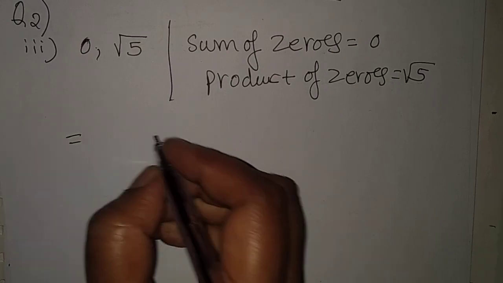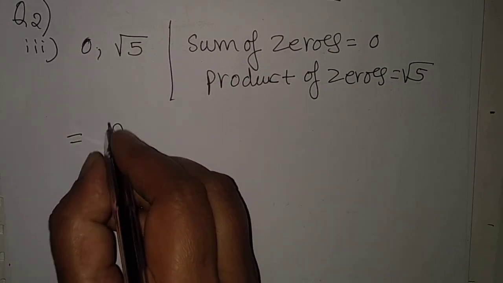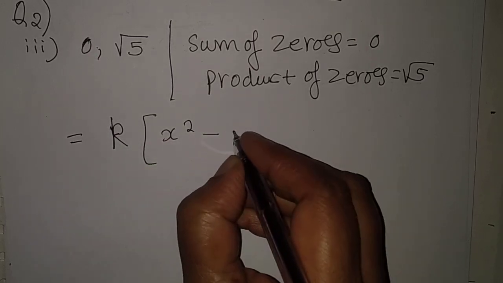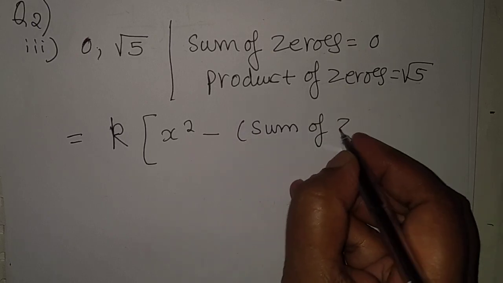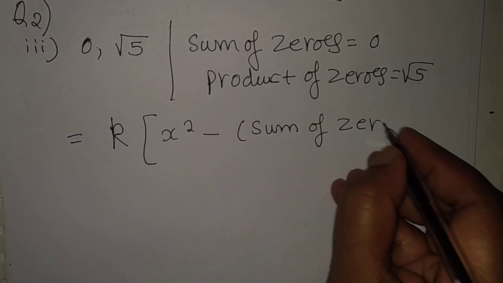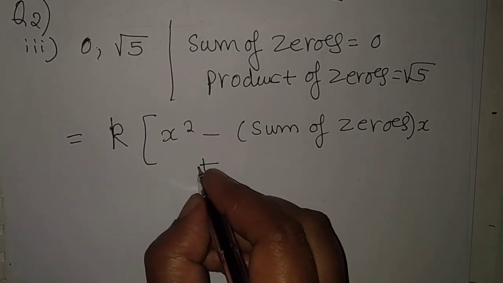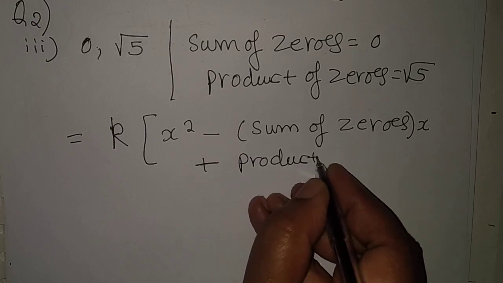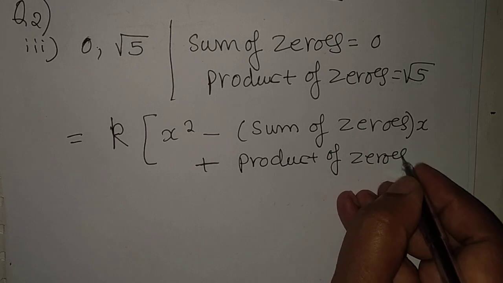Then the formula will be, substitute here: x square minus sum of zeros x plus product of zeros.